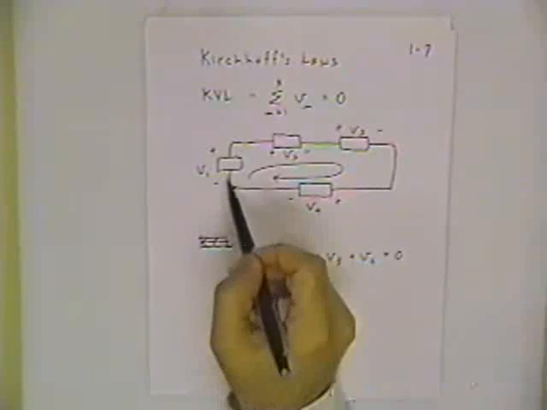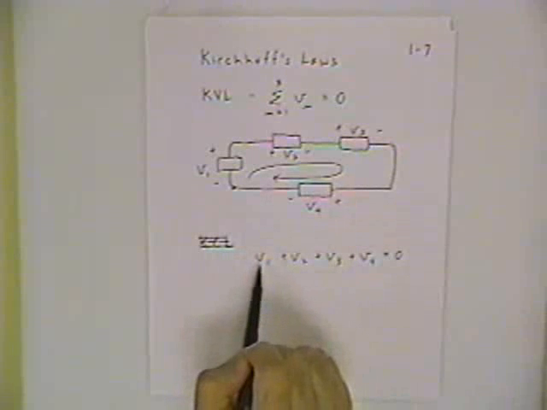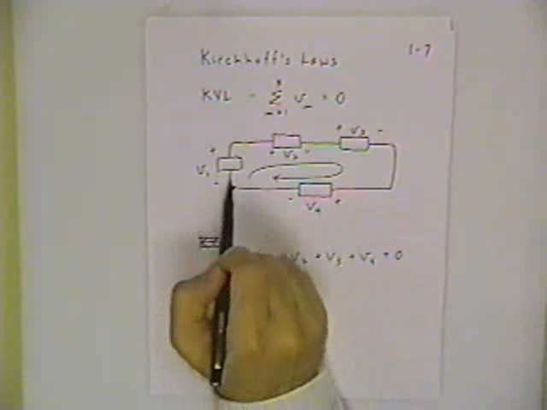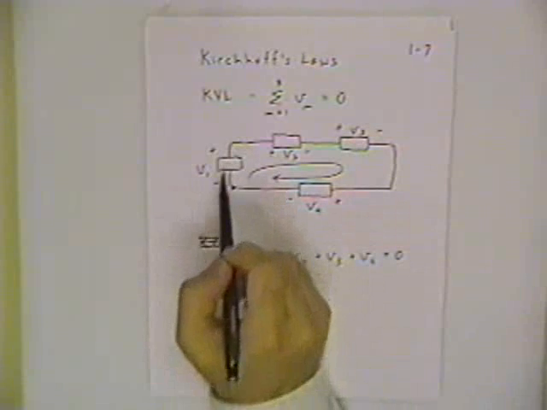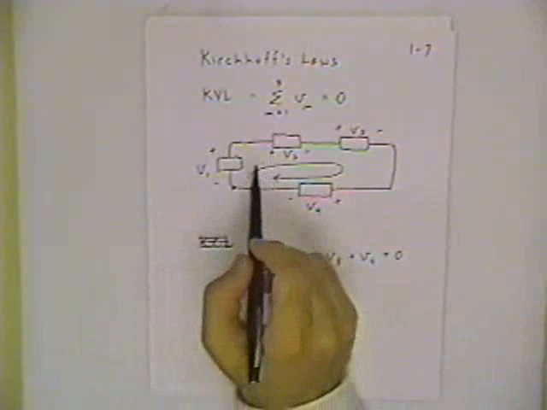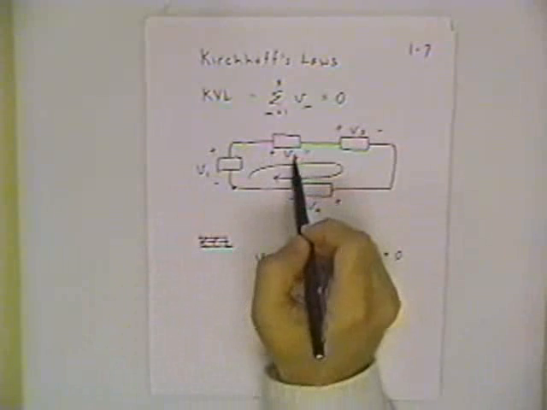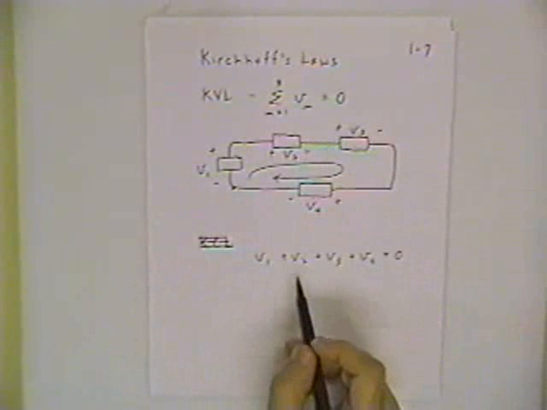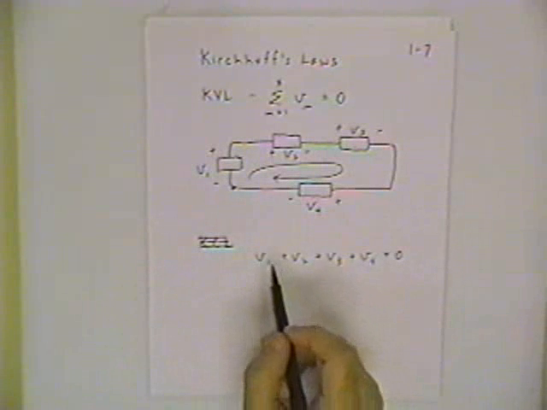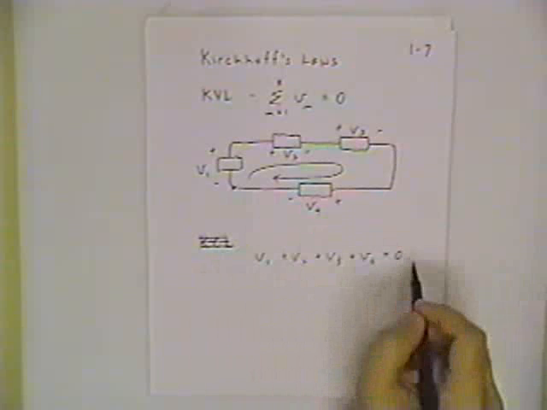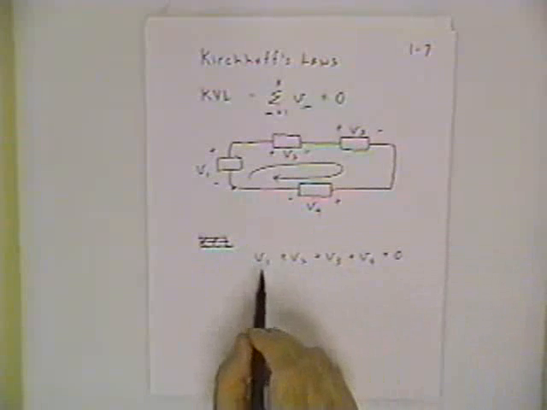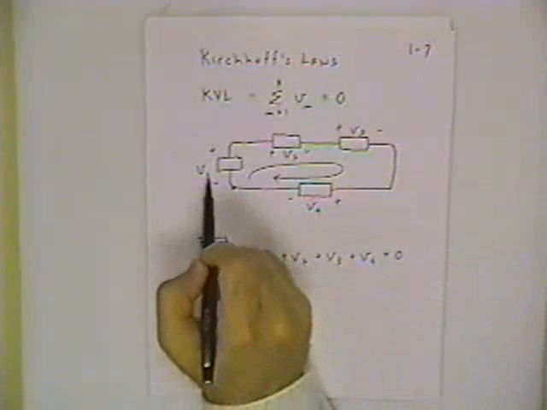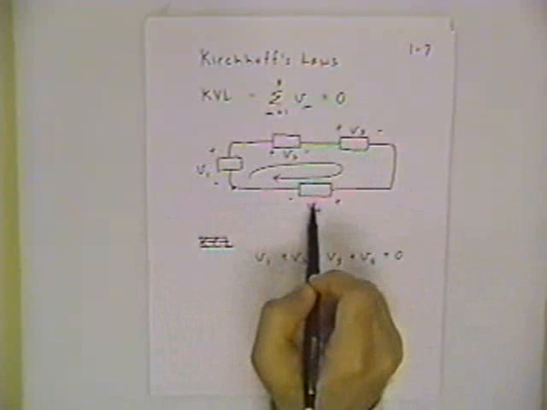Well, in a way, what I've just revealed to you by my terminology is that V1, if I'm picking up energy going through V1, that must be a source. And V2, with a plus to minus this way and a plus to minus this way, we're losing energy. So this equation isn't quite right, because I don't just total up V1, V2, V3, V4.